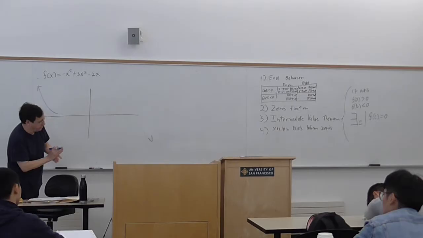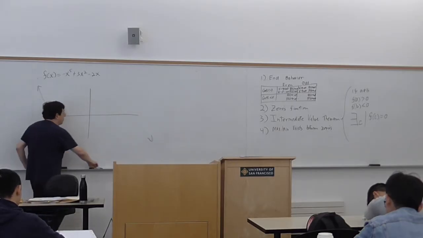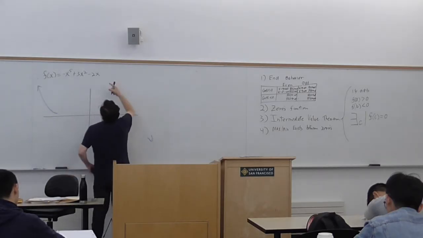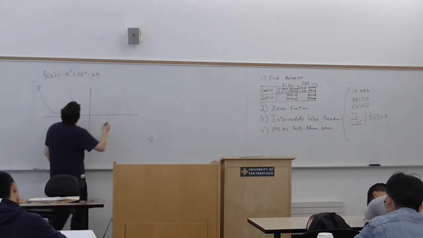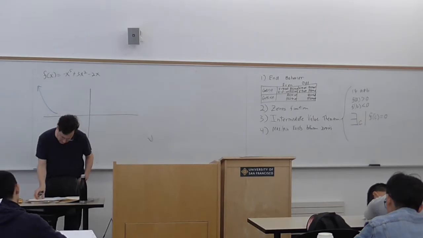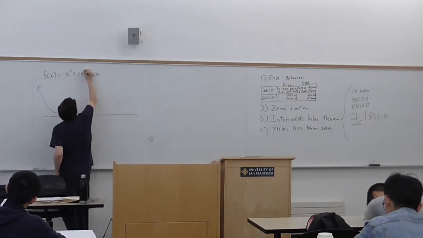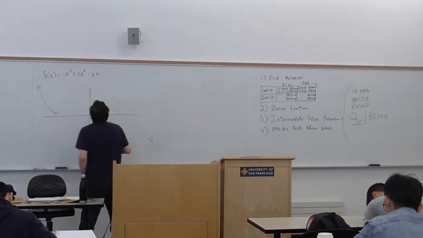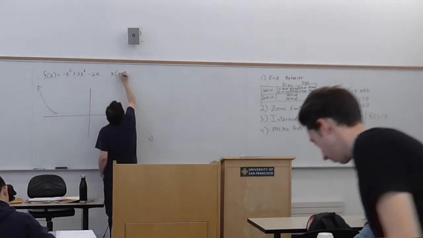Next thing on our toolkit is the zeros. Let's see if we can figure out what the zeros of this function are. Okay, so this is an x I can take out, right?